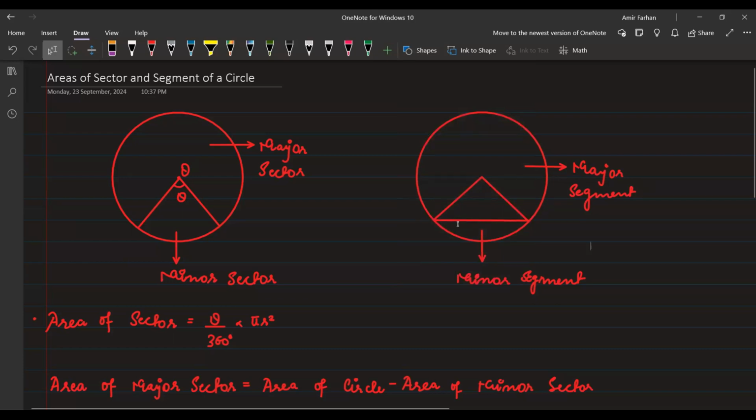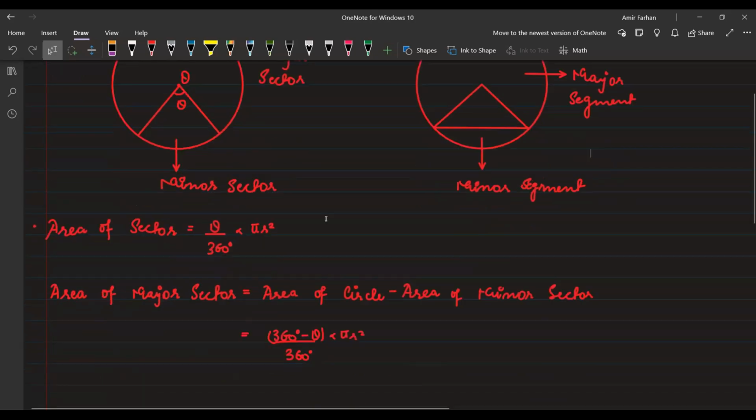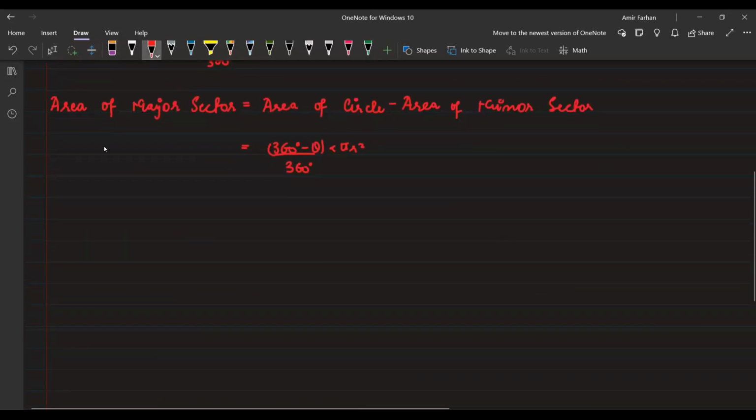If I subtract the area of the triangle, I will get the area of the segment. So that's how you can calculate the area of a segment.